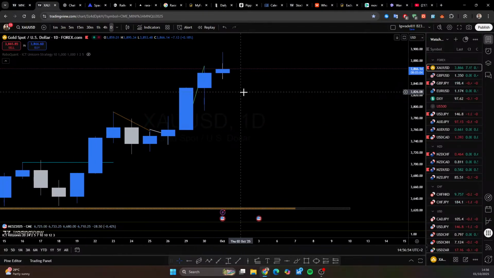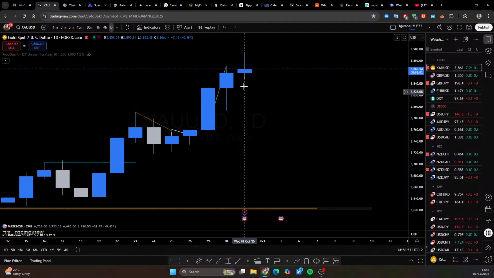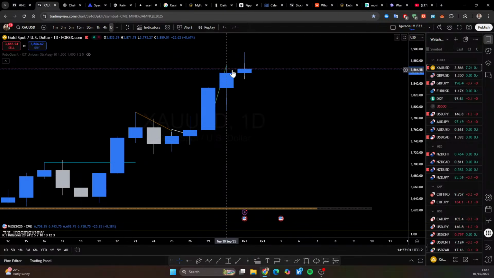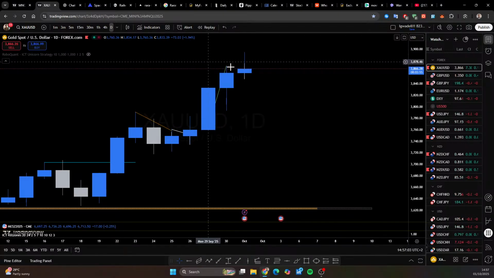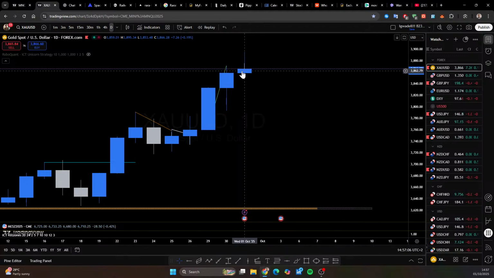Okay, from this side, you can see how this looks on a day time frame.